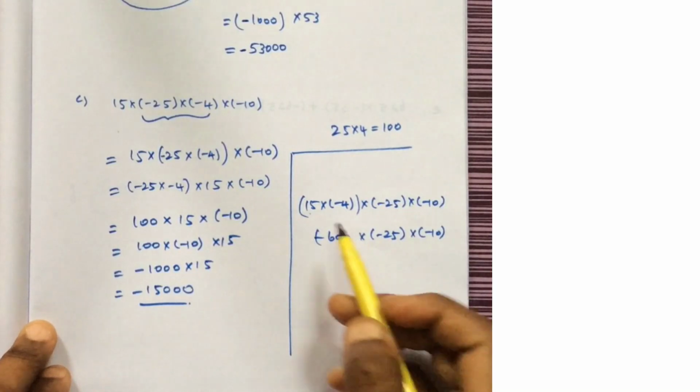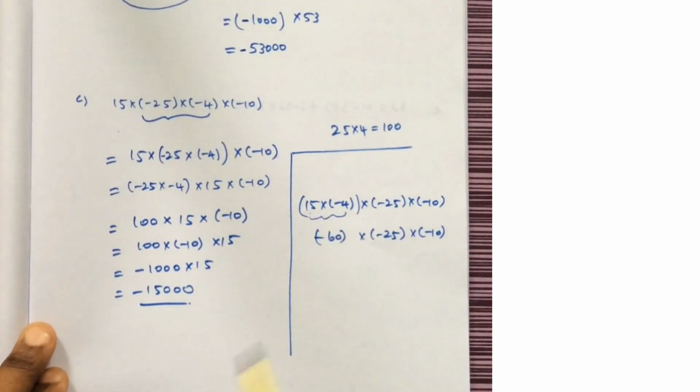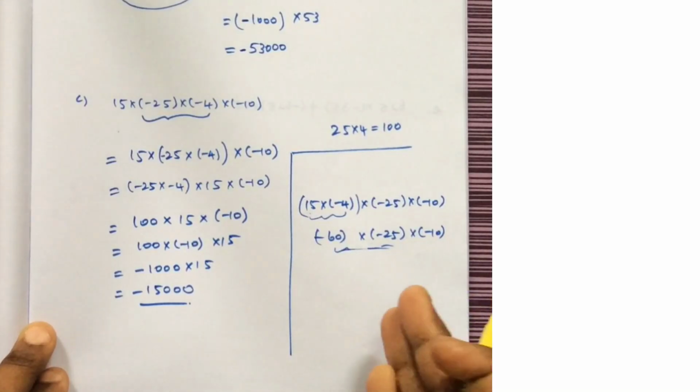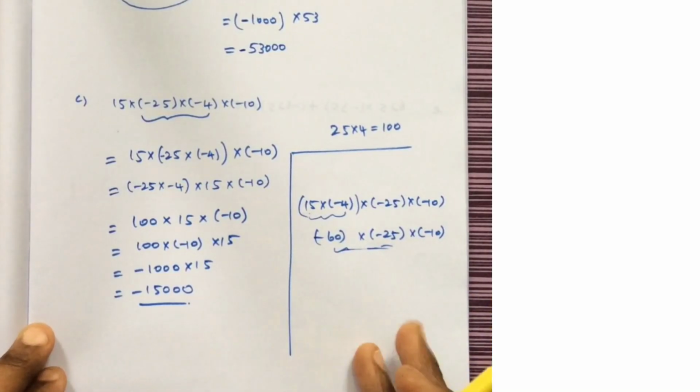Here you see already you did 15 multiplied by 4, again you have to do 60 multiplied by minus 25. Anyway, the answer is going to be same for both of the cases.